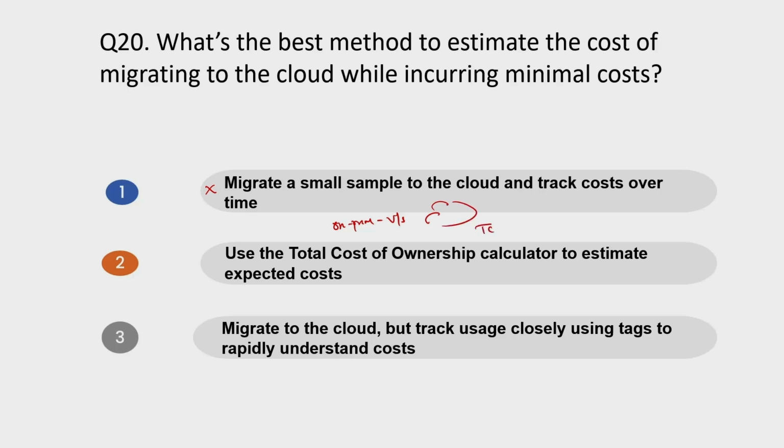We have a tool called total cost of ownership. We can actually estimate the cost of the resources which we have provisioned in on-prem, and we will be able to estimate if we are going to provision the same kind of resources onto the cloud, and what is the cost which we are going to incur. So this will be the right answer, and definitely we are not going to do this. Migrate to the cloud, but track usage closely using tags. So we are not going to do this.